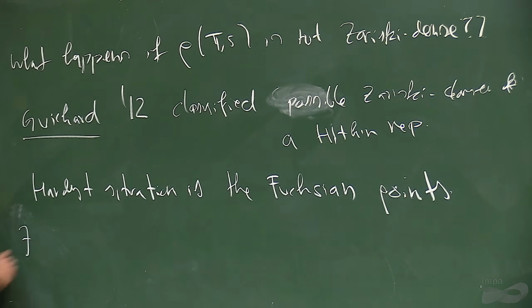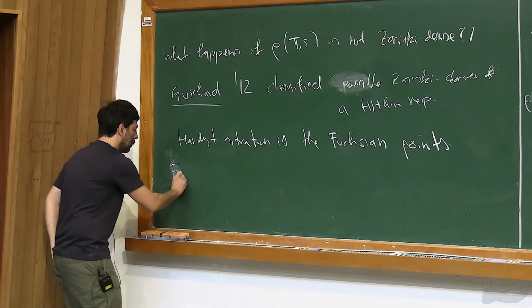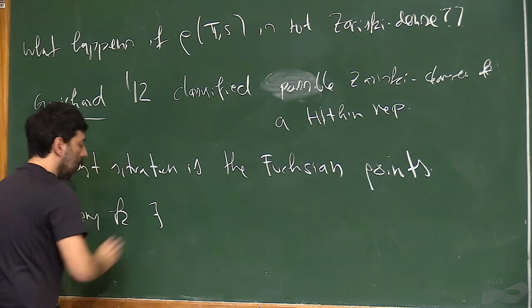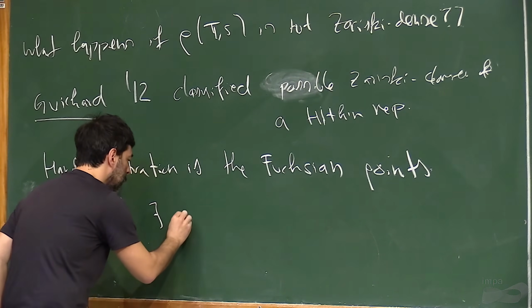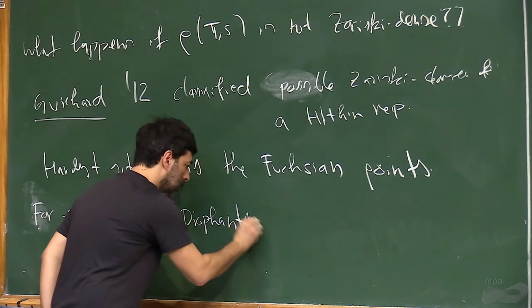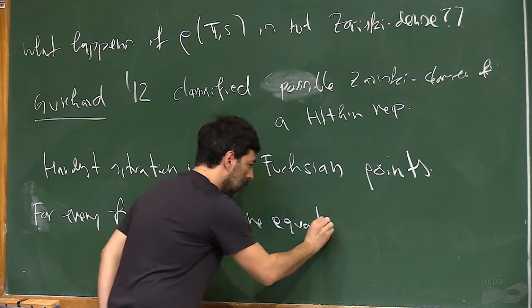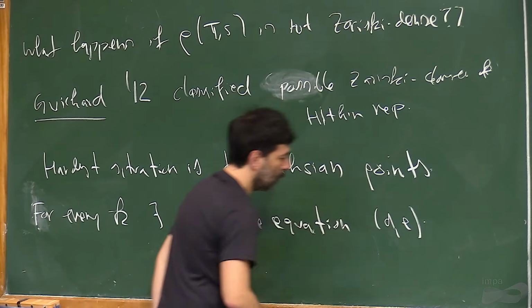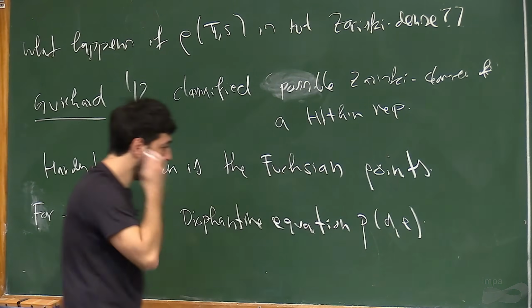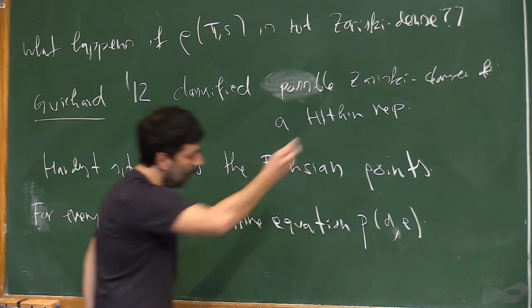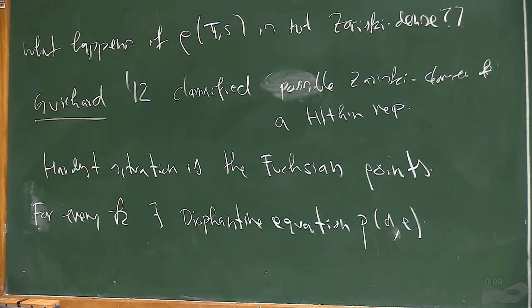For every k, there exists a Diophantine equation on two variables, d and e. Let me call it p. On two variables, d is the d of SLD, and e is some other parameter that I don't have time to explain, maybe later.